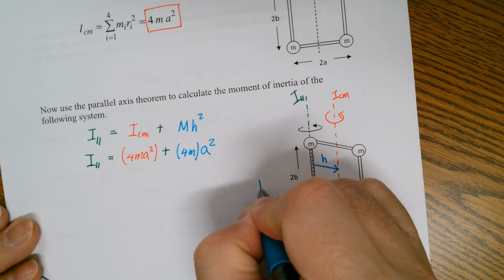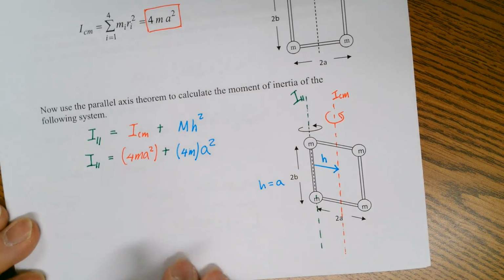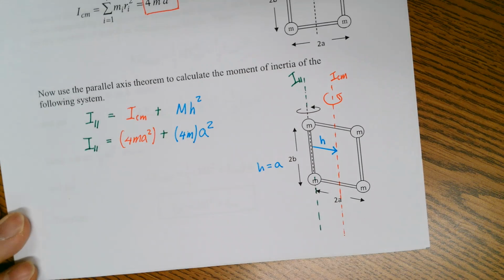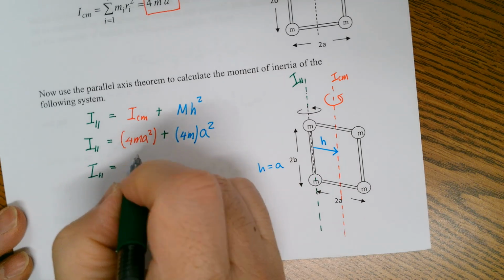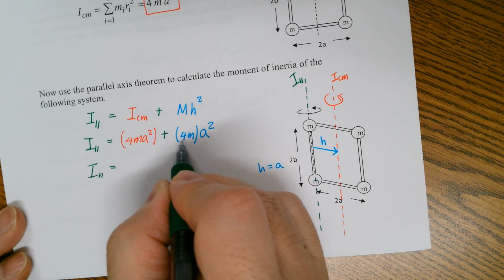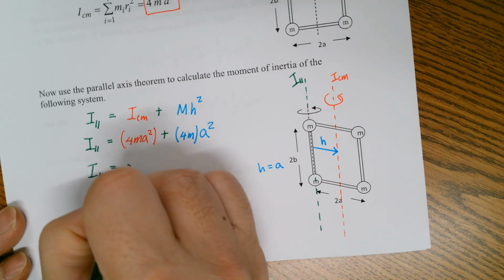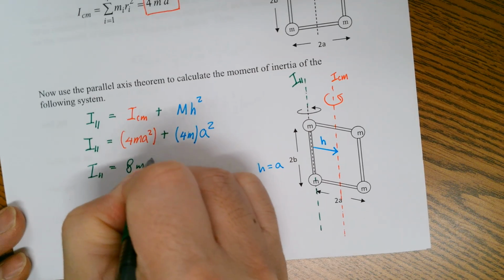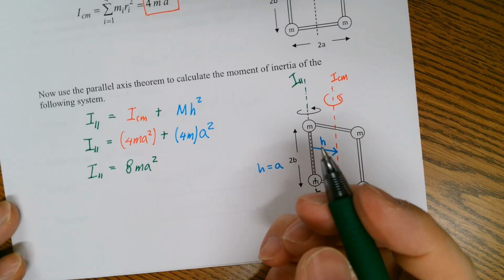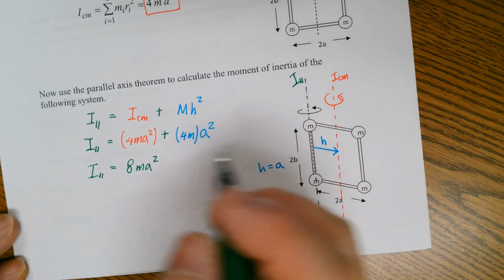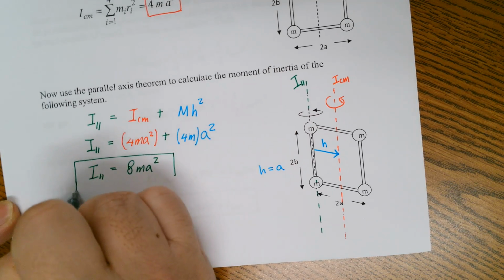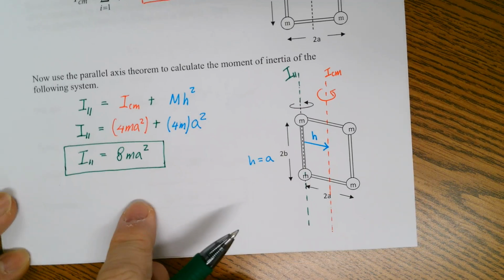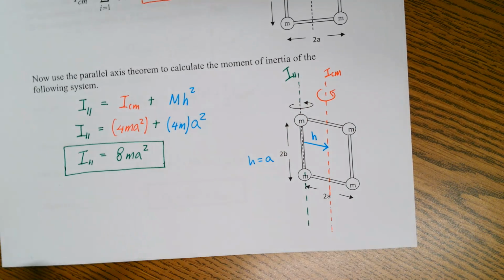So, therefore, my parallel axis moment of inertia becomes 4ma squared plus 4ma squared. I get 8ma squared. Okay? So we get exactly the same as finding the moment of inertia without using the parallel axis theorem.